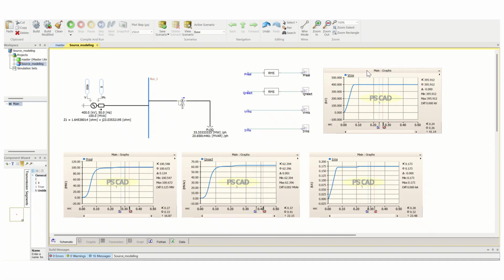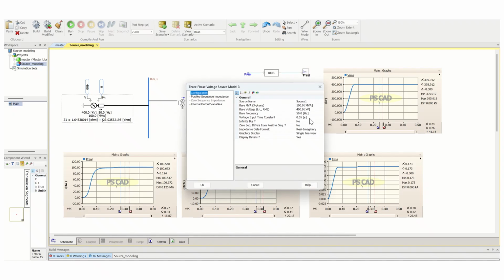So there is a slight change, but not much. But compared to that 40 kiloampere or 50 kiloampere source, this voltage is reduced drastically. So instead of 400 kV, now it is almost 396 kV.